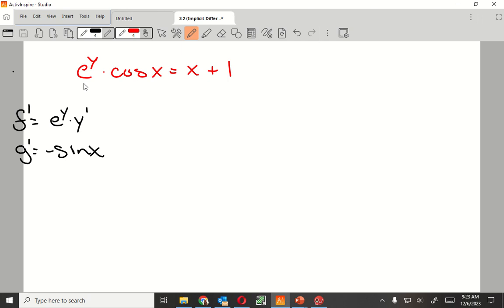So that's going to give me e to the y, y prime, f prime g, times cosine of x, plus g prime, negative sine x, times f, which is e to the y. Bring down my equals. Derivative of x is 1. Derivative of that 1 is 0.